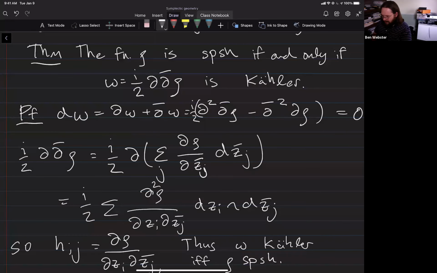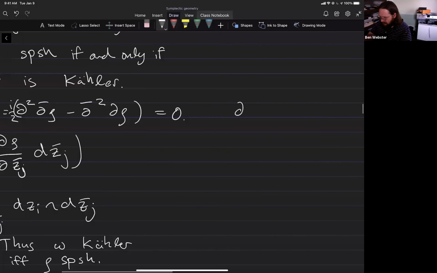So first I want to show you that if I start with a strictly plurisubharmonic function, then the resulting form is Kähler. Well, how do I check that? I need to check that it's closed. That's roughly obvious. The only slightly tricky part is I have to use the relation that del del bar is equal to minus del bar del.